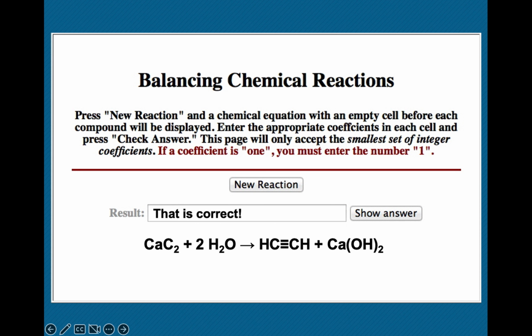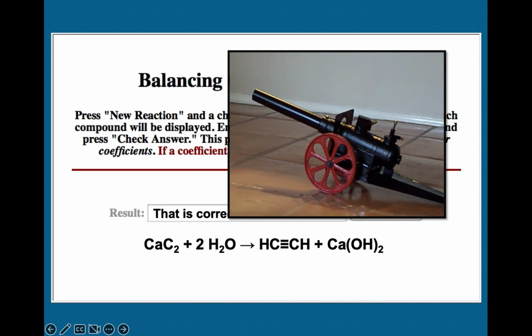Now, calcium carbide also brings back memories for people from my generation. This is what was called a Bangsite cannon. I don't think you can buy them anymore. But in this little thing up here, you would put calcium carbide. In the bottom of the barrel here, you would put water.